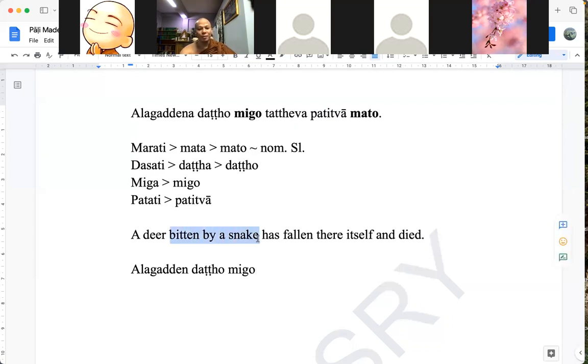The same one, still the same. So that past participle "dato" can be translated as bitten, or which is bitten, or which was bitten.